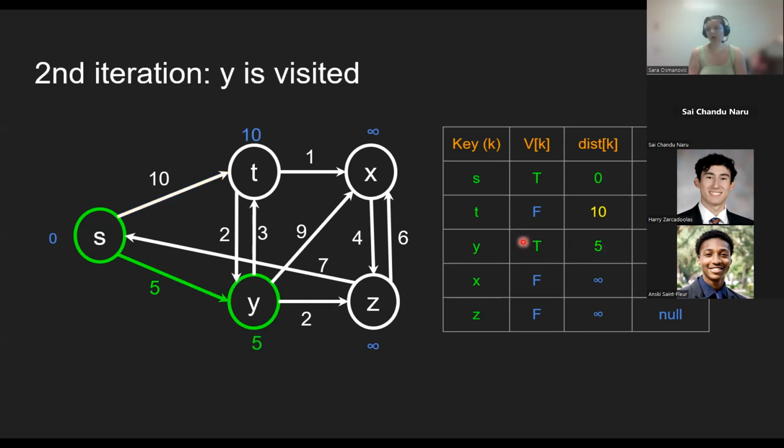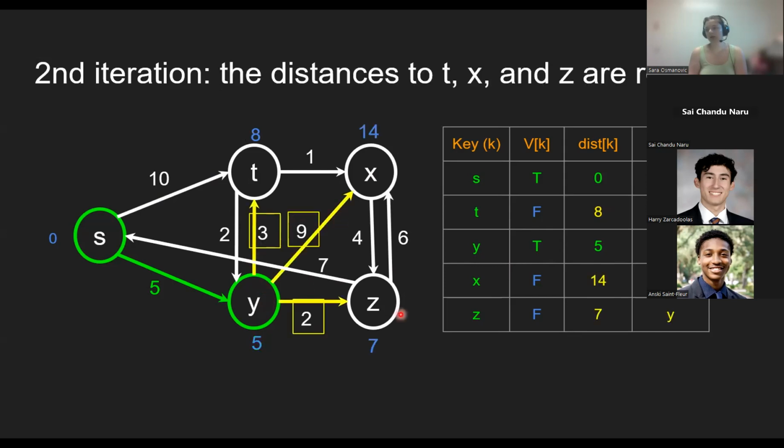So we visit Y, set the value in the visited map to true, and keep these. You want to keep these distances because you will be reusing them. You will be using all of these at each stage. Now, Y has 3 edges coming out to the other nodes.